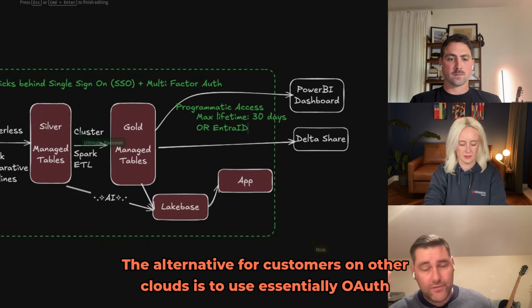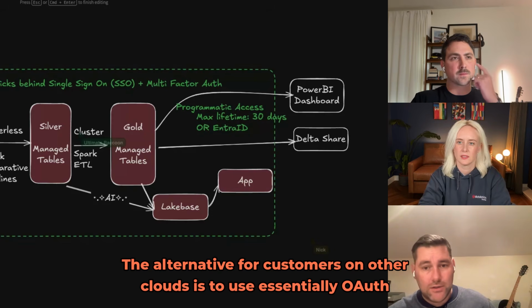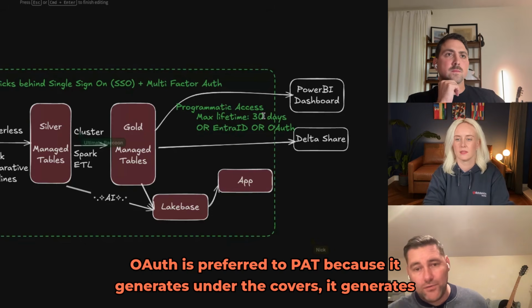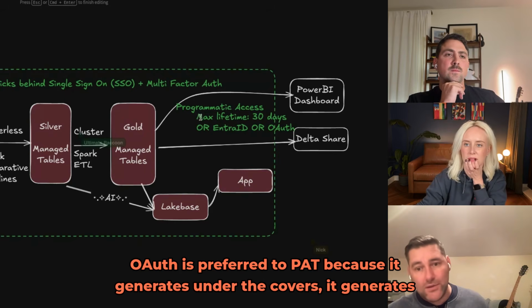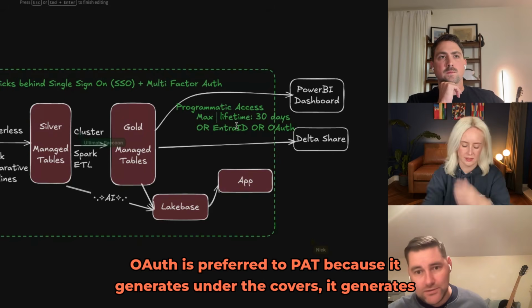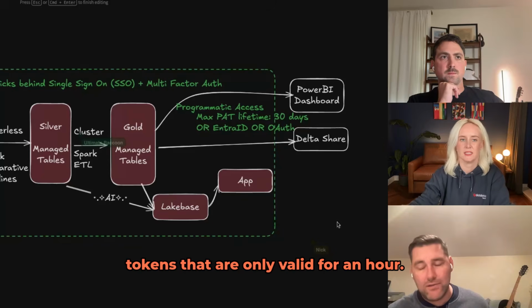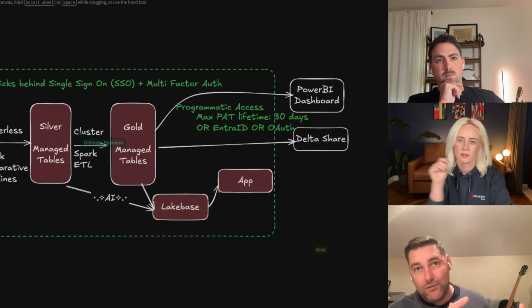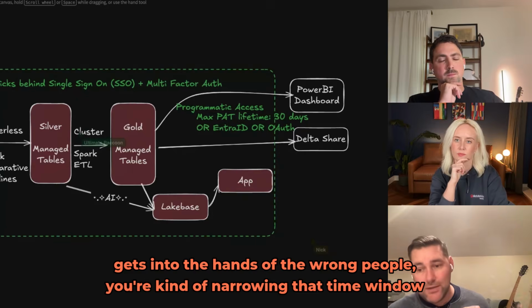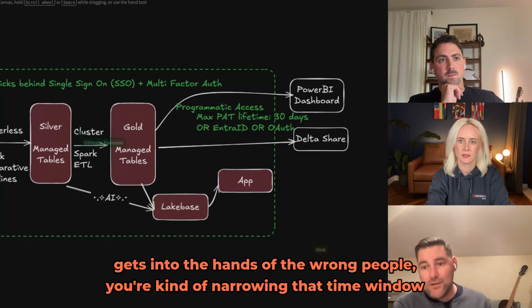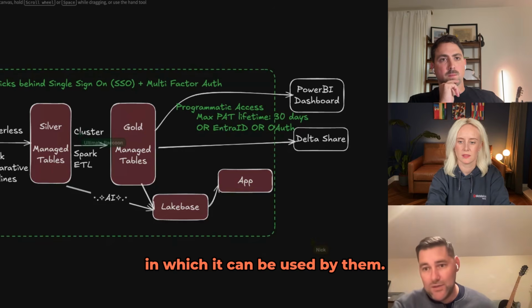The alternative for customers on other clouds is to use OAuth tokens. OAuth is preferred to PAT because under the covers it generates tokens that are only valid for an hour. If your credential somehow gets into the wrong hands, you're narrowing the time window in which it can be used.